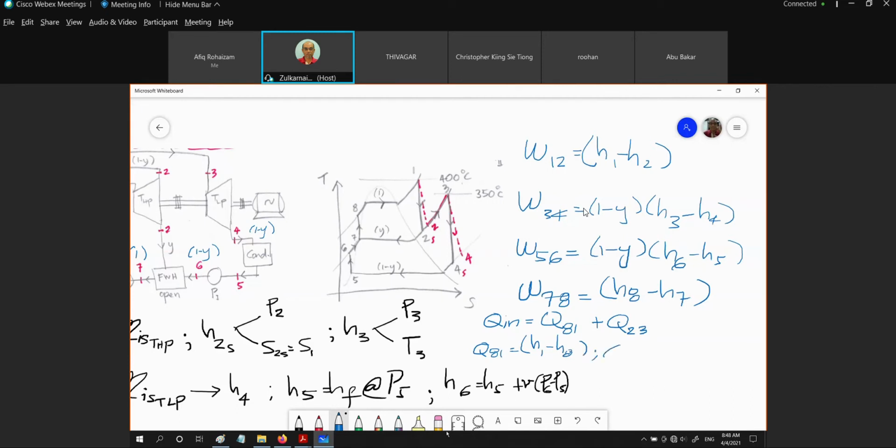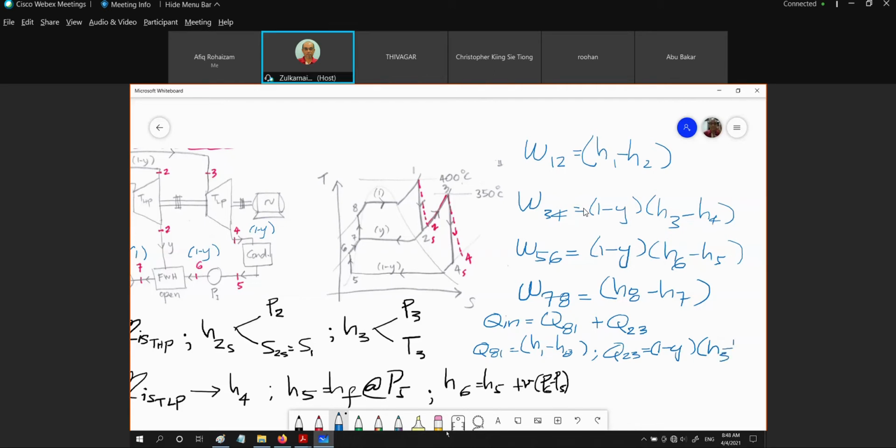Then for Q23, which is the Q for the reheat process, we know that at point 2 we have bled Y, so the balance for the reheat is 1 minus Y. So this is 1 minus Y multiplied by H3 minus H2.